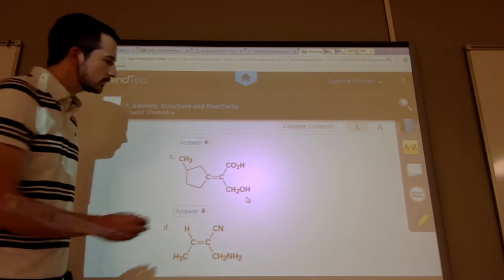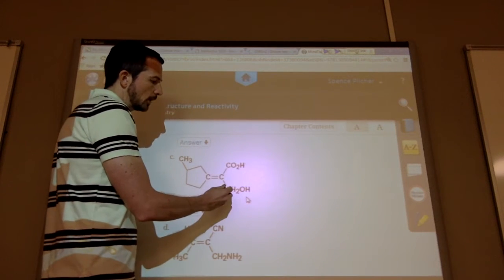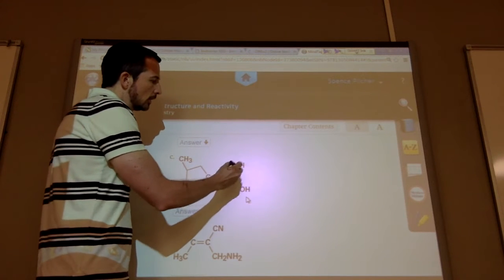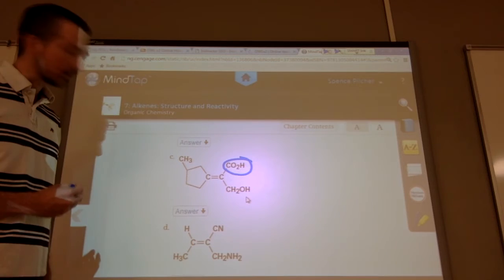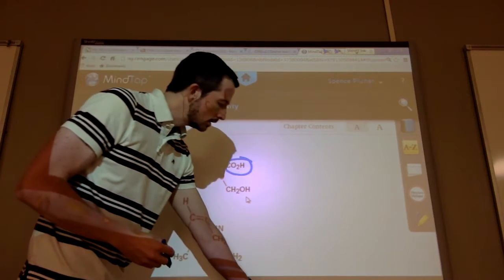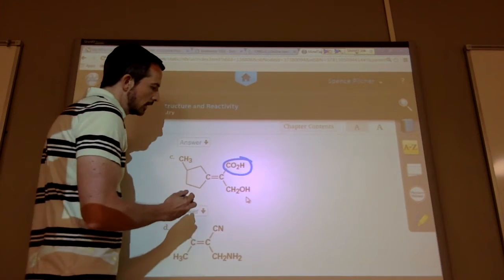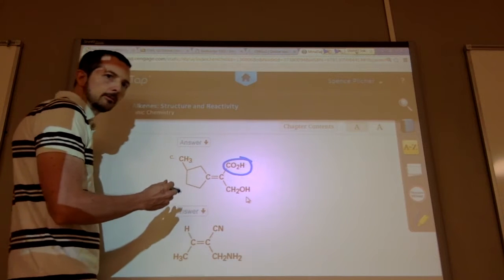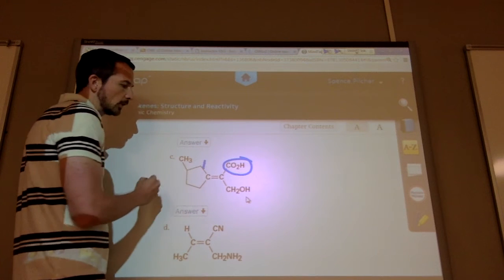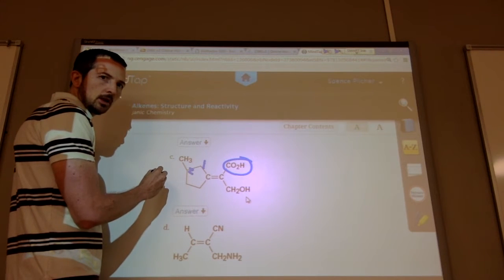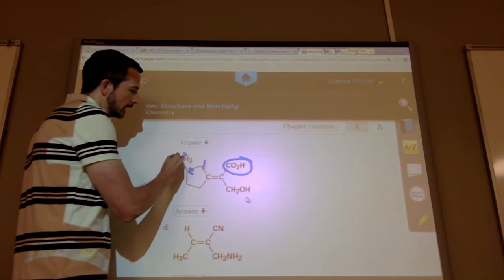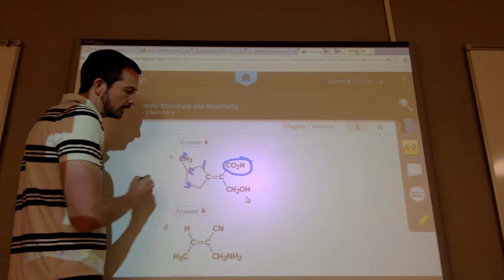So if we look at this first one, let's go to this side first. So I have carbon, carbon, next atom, oxygen, 3 oxygens. That's highest priority. So the next side's a ring though. So I'm going to go around the ring one way. Here's my first atom. Here's my second atom. And then my third atom, I have a CH3 and a CH2.